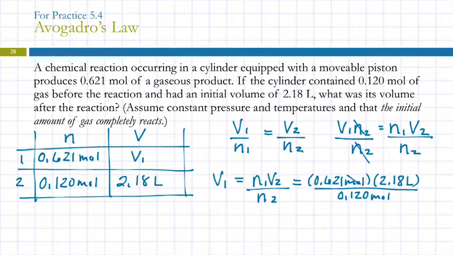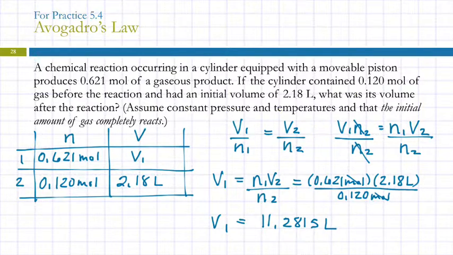Check the units cancel out. So volume 1 is 0.621 times 2.18 divided by 0.120. 11.2815 is what my calculator says.